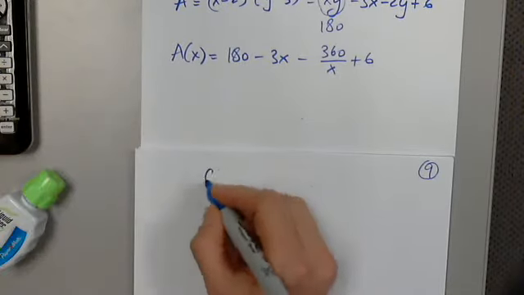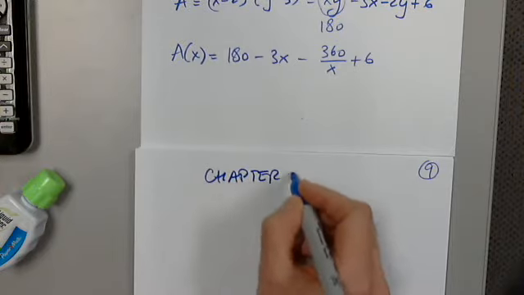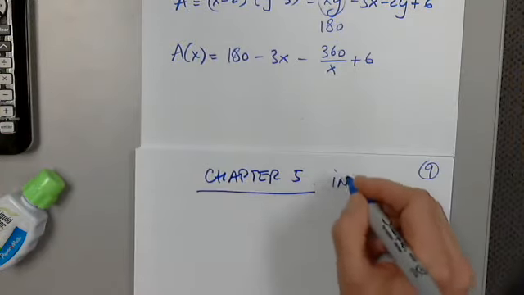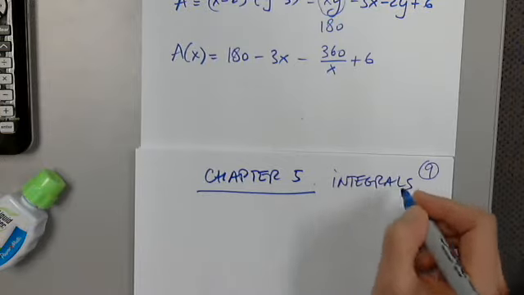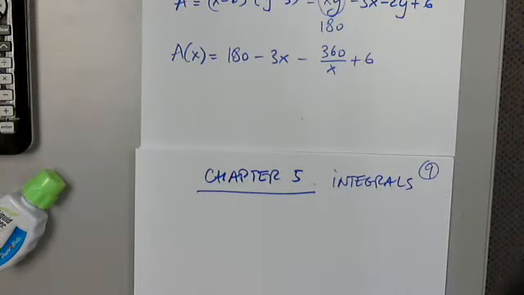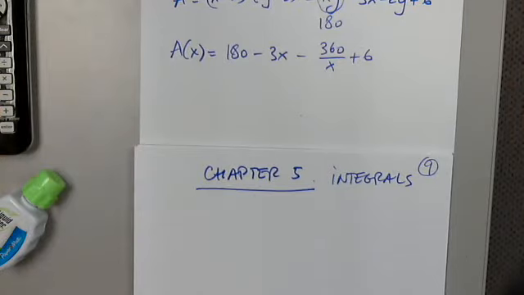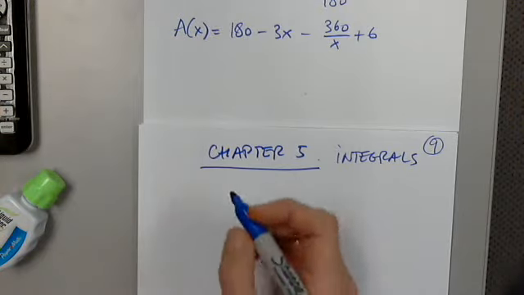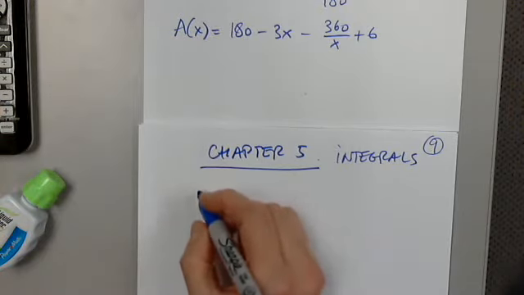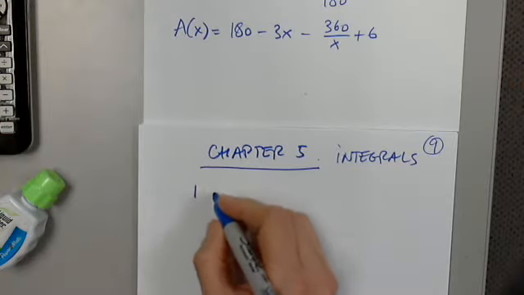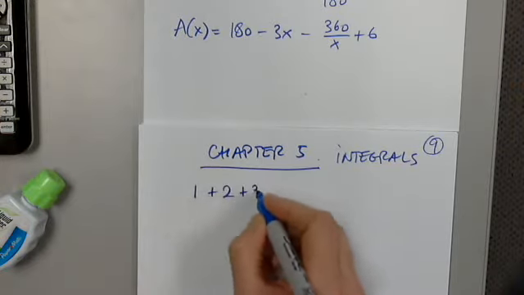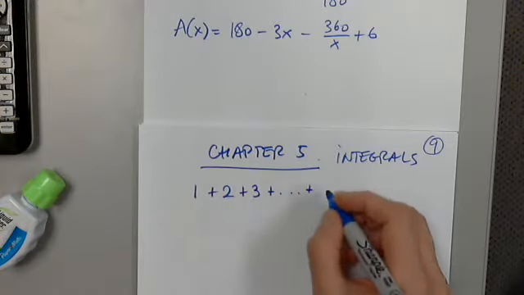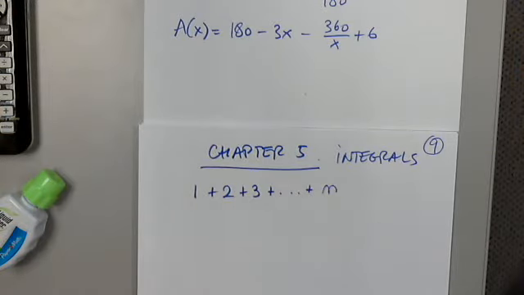Okay, so let's start chapter 5. Chapter 5 deals with integrals. We're not going to define them today. We are looking at preliminaries. If I want to add, for example, 1 plus 2 plus 3 plus ... plus n, we have a mathematical way of writing the sum.